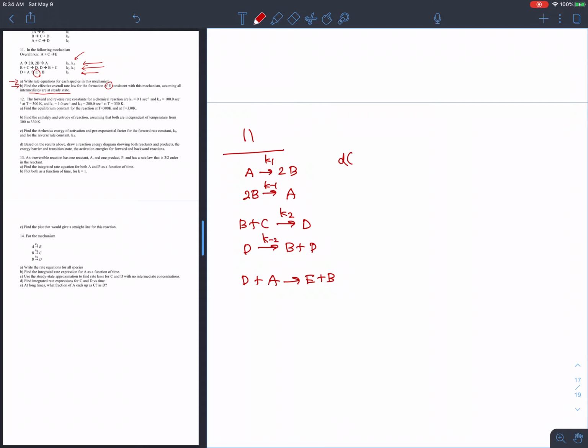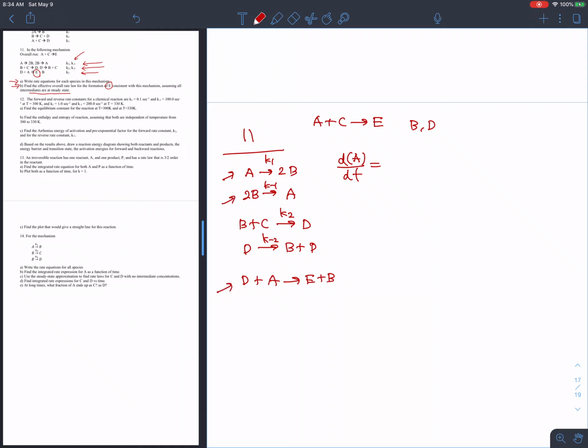So dA/dt. Well, let's identify the intermediates here. The overall reaction is A plus C goes to E, and so B and D are intermediates, and those are the only ones. So dA/dt is equal to, let's see, A appears in the first one, in the second one, and in the third one.